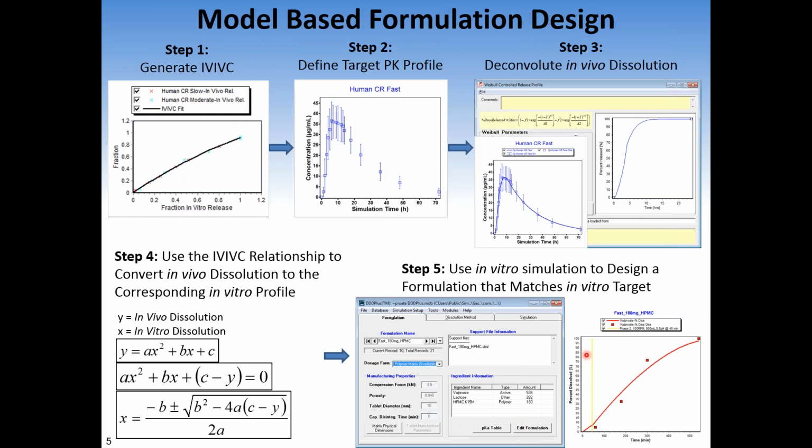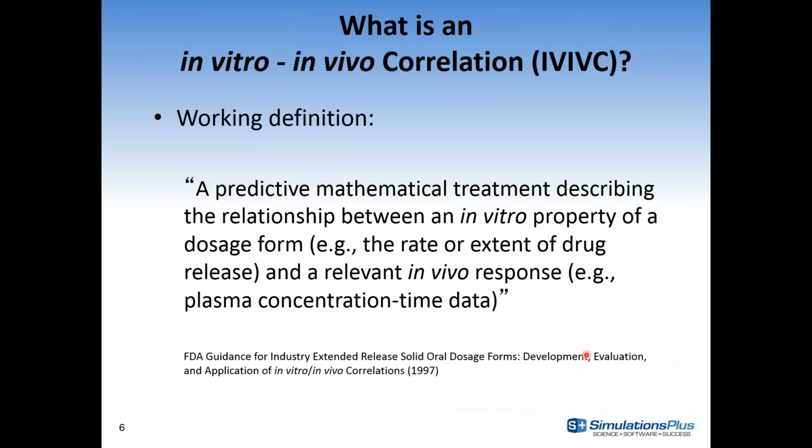So that's the overall arching goal of how you link back the in vivo situation from GastroPlus to the in vitro situation in DDDPlus, and how you might affect formulation development using these two tools.